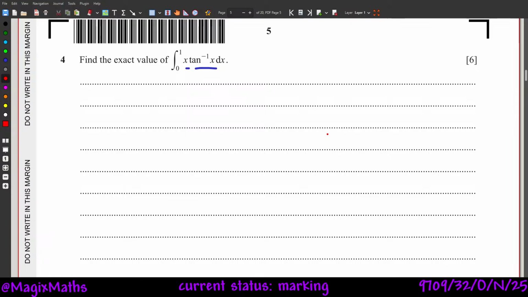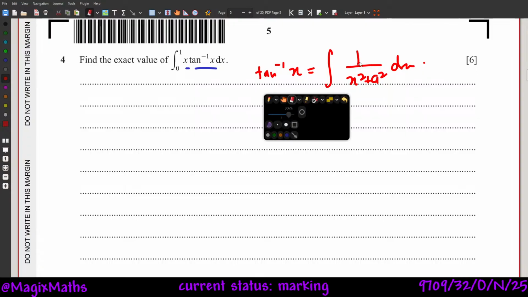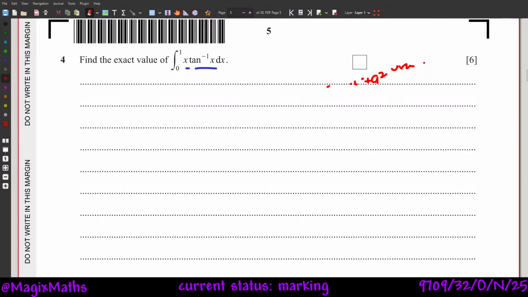So right now we have, let's split it apart, and since this is 10, -1x, this is the integration of 1 over x squared plus a squared. No, it's something like that.